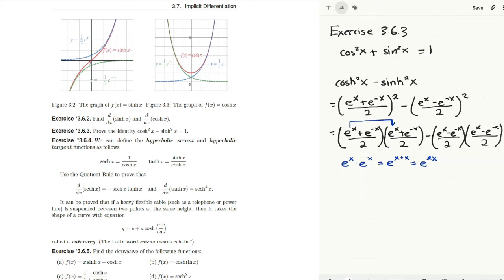So the first term times the first term is e to the 2x. Now what is the first term times the last term? So that's e to the x times e to the negative x, which by our laws of exponents, we have e to the x minus x, which is e to the 0. And so this will simplify to 1.